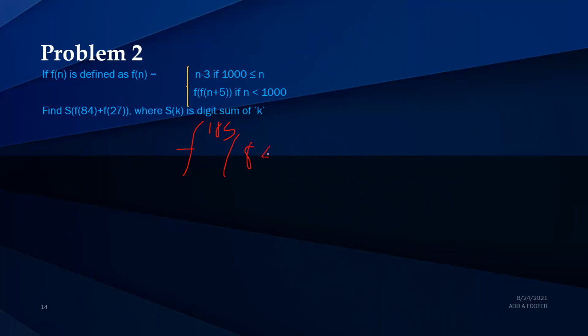we will have f of 84 is equal to f raised to 184 brackets.